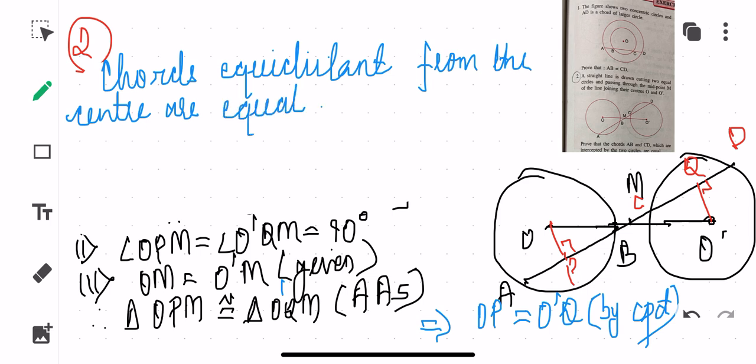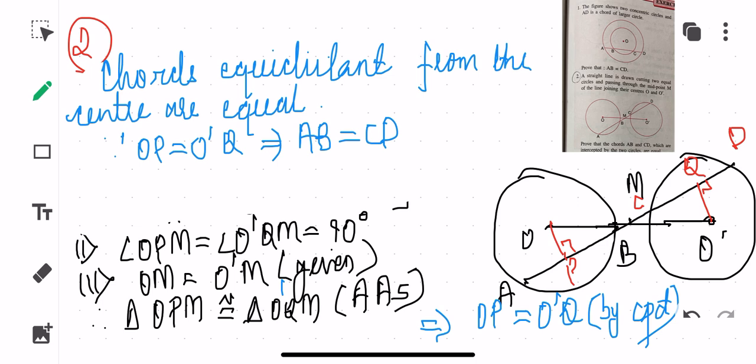Since OP is equal to O dash Q, this implies that AB will be equal to CD. Okay, and which is the theorem, children? This particular theorem which I have written already.